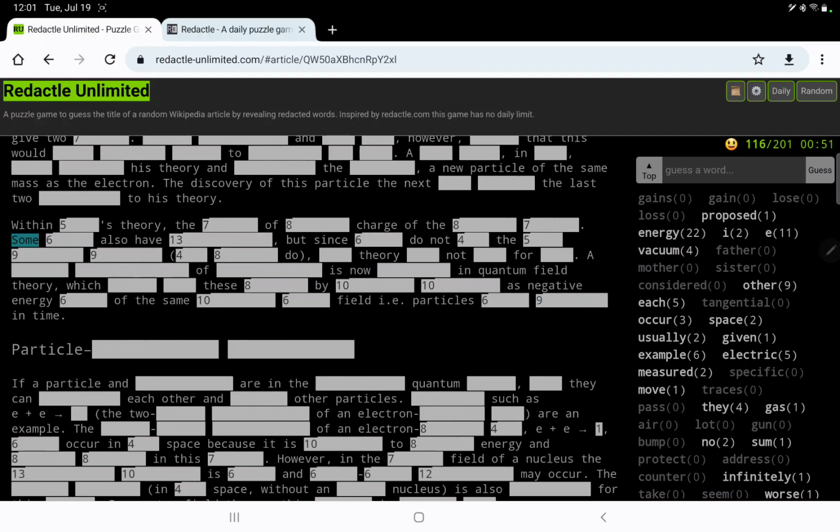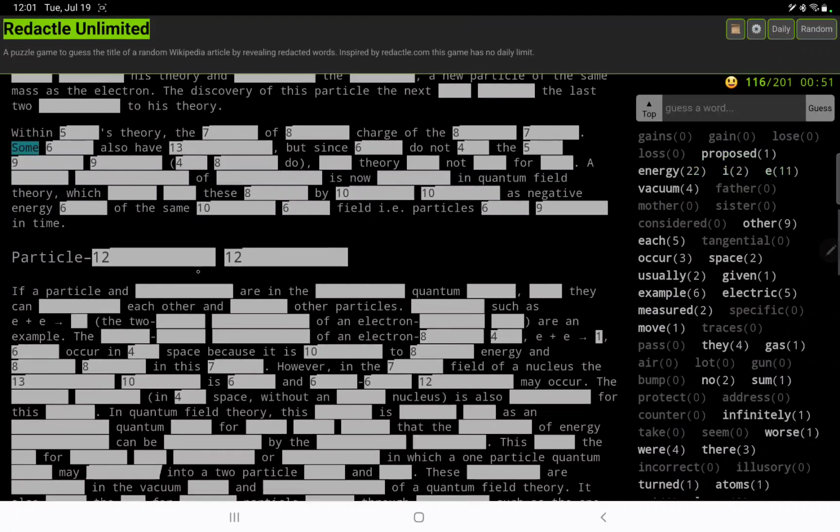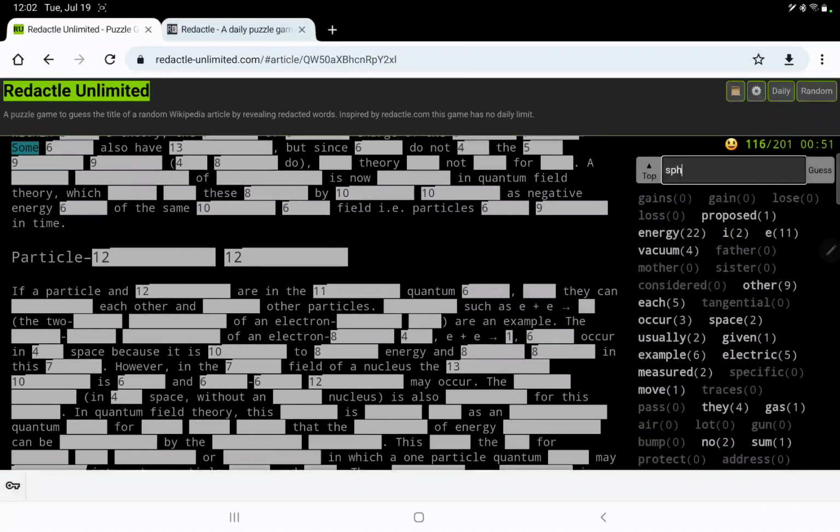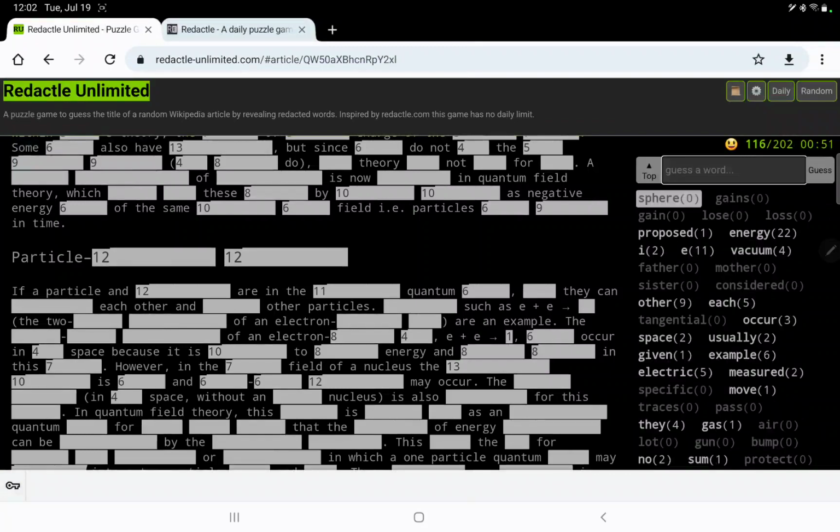Particles 6 9 in time. Particle 12 12. A particle and 12 are in the something quantum sphere.